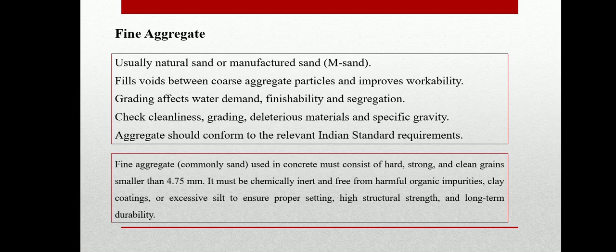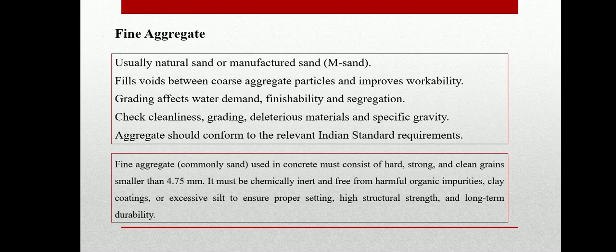Moving on to fine aggregate, this is usually natural river sand or, increasingly today, manufactured sand, often called M sand. Fine aggregate fills the voids between the coarse aggregate particles and plays a major role in improving the workability of the fresh concrete.